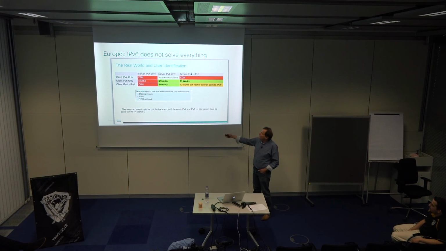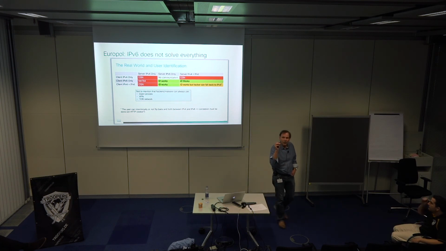Now, if your client is dual stack, which is mostly the case for ADSL and cable, right? If you go to a v4 only, this is the last row. If you go to an IPv4 only server, of course you will use IPv4, so CGN again. Now, if you are dual stack and you go to a server which is v6 only, it works, right?